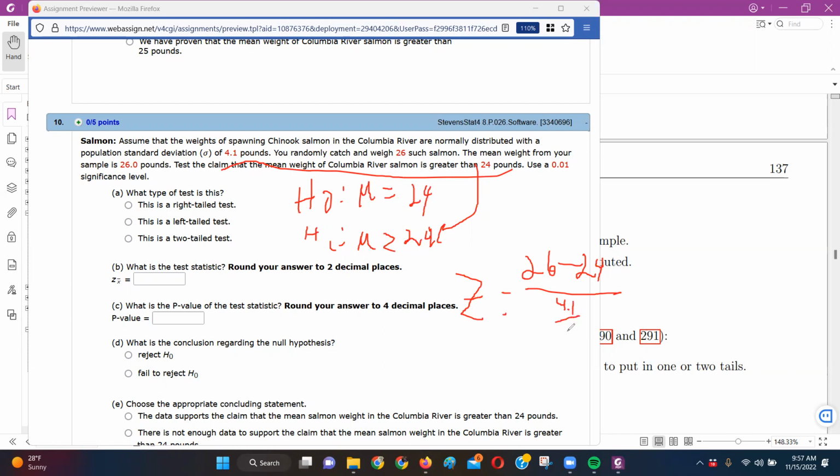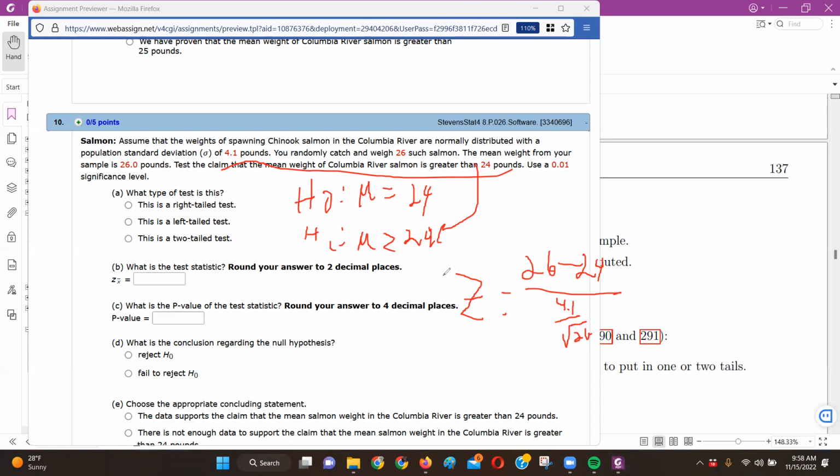So 4.1 divided by the square root of the sample size, which is 26. So we crunch that number, we write it in, we go look it up in the Z table. It's a right tail test, so it might be easier to do that with David Lane. Let me do this calculation.